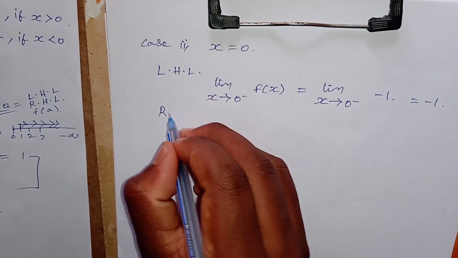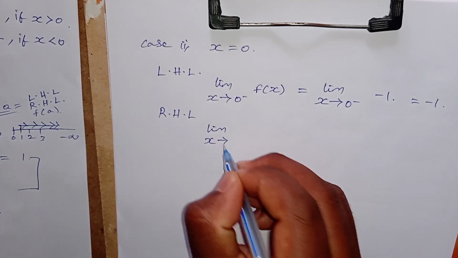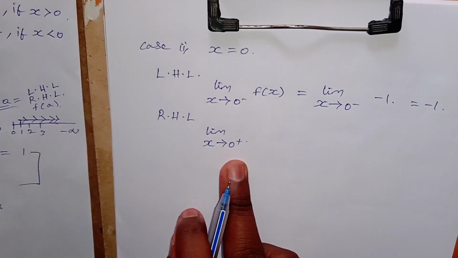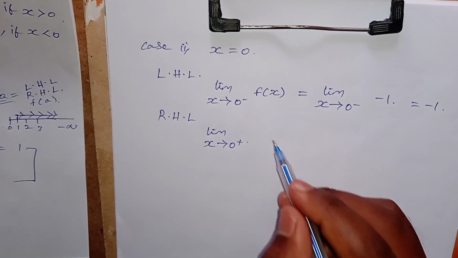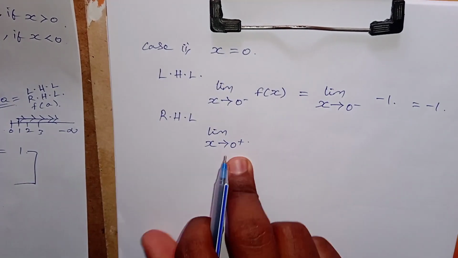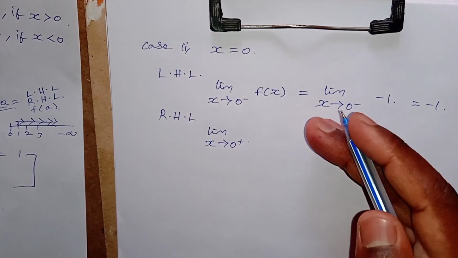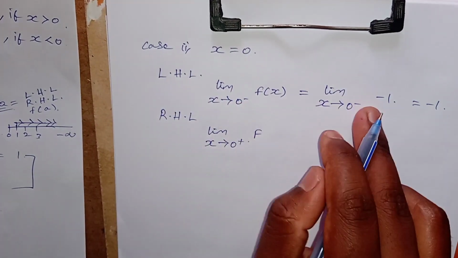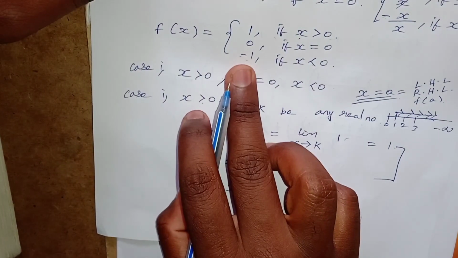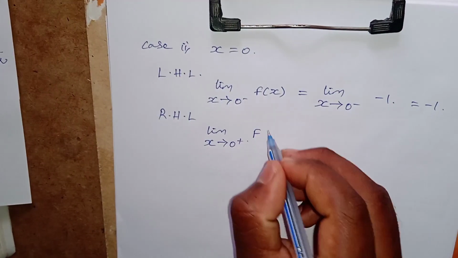For the right hand limit, limit x tends to 0 plus, you have to take 0.1, 0.2, 1, 2, 3 up to plus infinity. Here this is positive, just greater than 0. Less than 0 it is minus 1, greater than 0 it is plus 1.